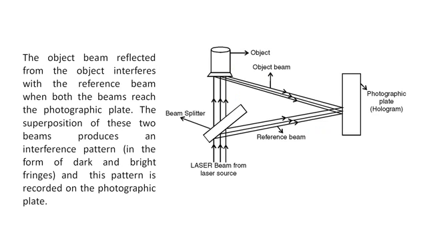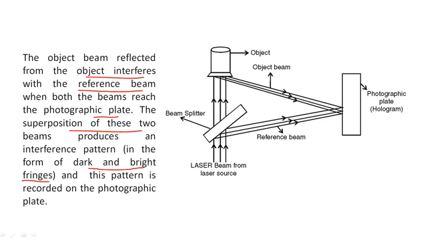The object beam reflected from the object interferes with the reference beam when both the beams reach the photographic plate. That's why I have said that the recording is based on the process of interference, because interference is happening here. The superposition of these two beams produces an interference pattern in the form of dark and bright fringes.